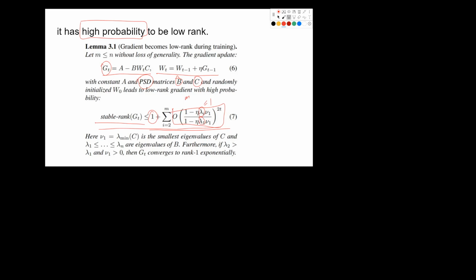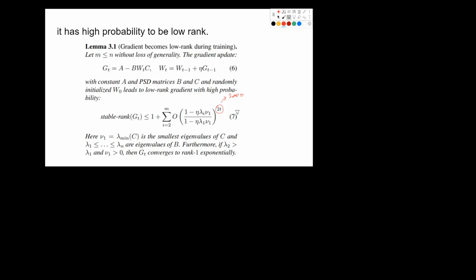So let's check this formula. Let's have a 2t here. T will be a big number, for example 1000, so there would be 2000 here. If this term is some value less than 1, it will become 0.